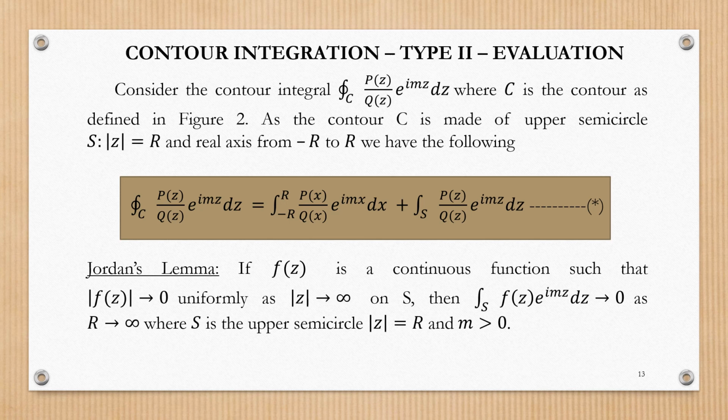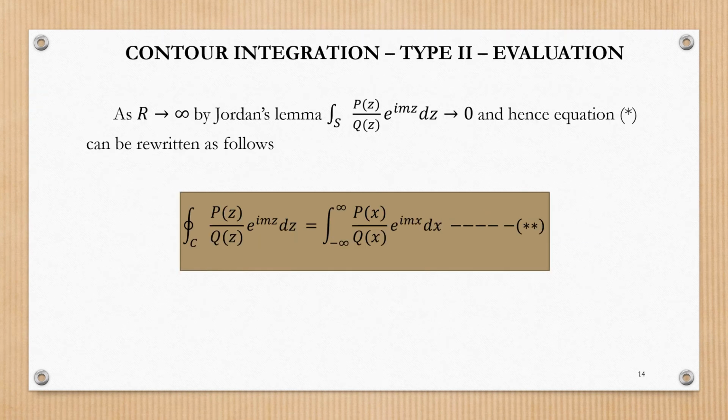The right hand side, we put r as infinity so that the second integral becomes 0 because of Jordan's lemma, and star therefore reduces to double star that we are able to find in this particular slide. The original problem does not have an e power imx. So what we do is we rewrite e power imx as cos mx plus i sin mx, which I will be representing in the next slide.